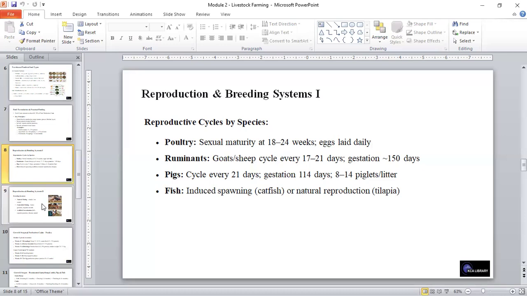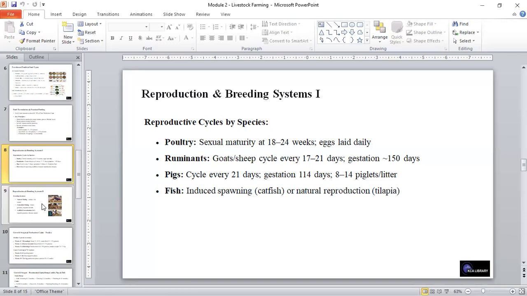For pigs, the cycle is every 21 days, while gestation is 114 days, and the piglet litter is 8 to 14 in size. They usually produce about 8 to 14 younger ones.